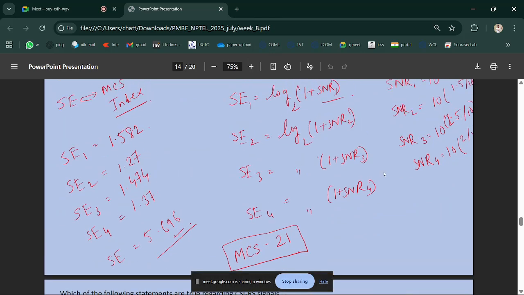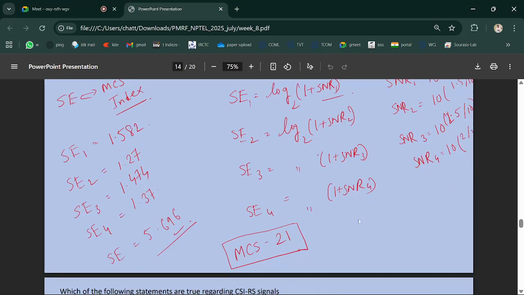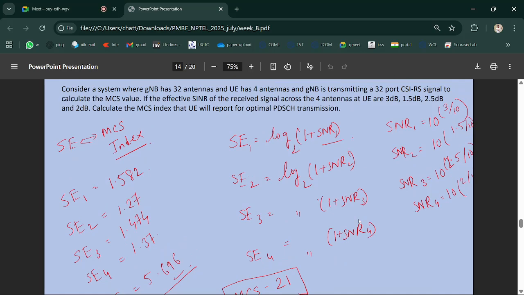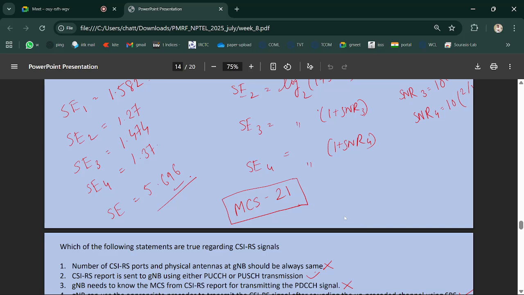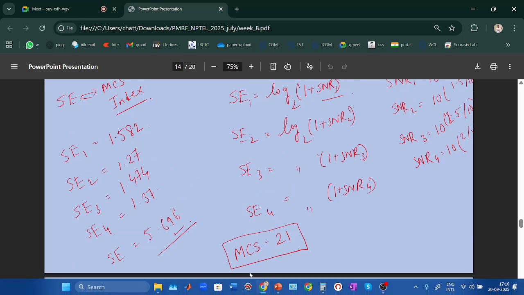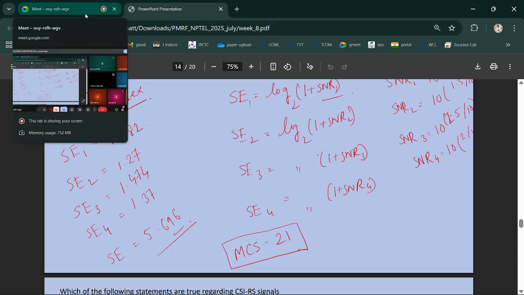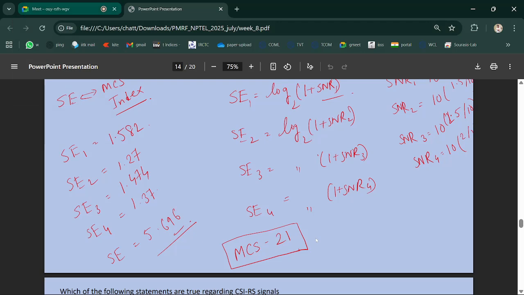Right, correct. So the SNR we got is something like 5.69, and sorry, not SNR, that is the spectral efficiency. Yes, the spectral efficiency we got as 5.69, and what is the corresponding MCS? For MCS 21, do you have that table now? So calculated, okay.